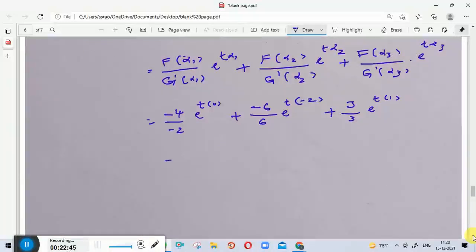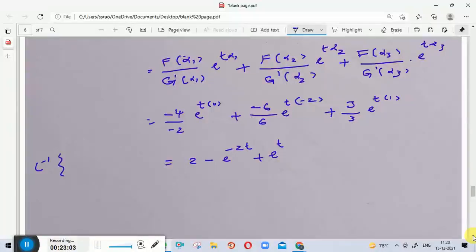So that is equal to 2 e power 0, plus minus 6 by 6 e power minus 2t, plus e power t. That is L inverse of f of p by g of p.